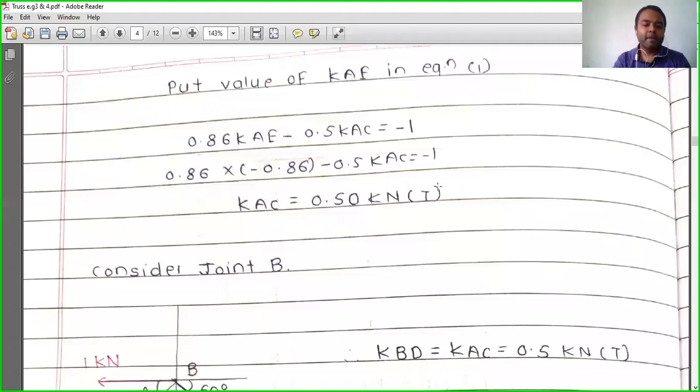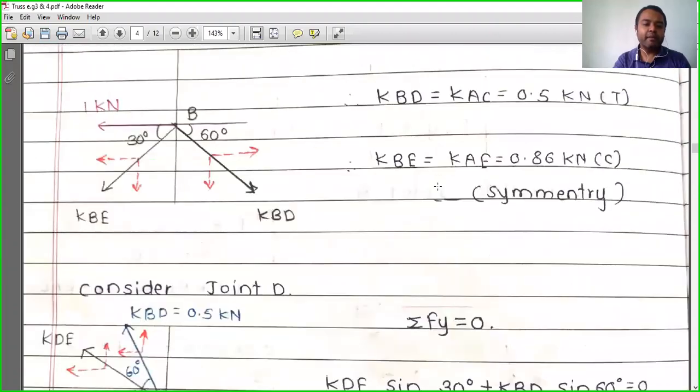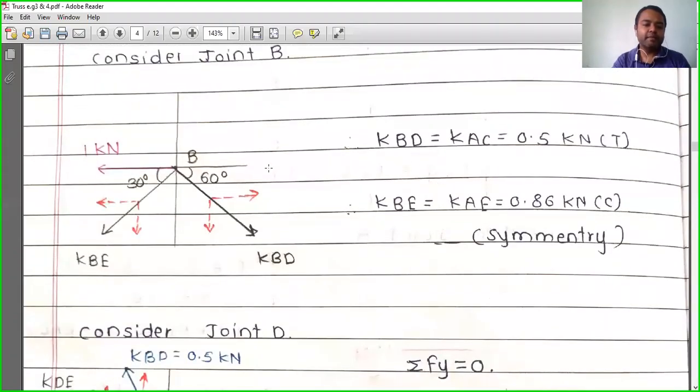Now again consider the free body diagram of joint B. Again, we are not required to consider the free body of joint B. By considering the symmetry of geometry, symmetry of loading, and symmetry of support condition, we can write the force in the members KBD and KBE directly along with their nature, that is tension and compression.